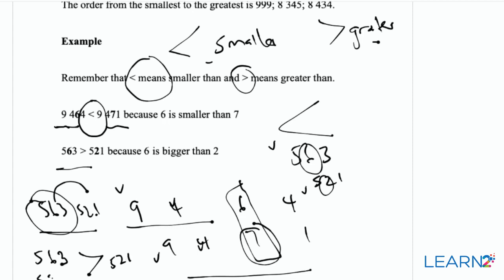If I put the 521 first and I put the 563 afterwards, then we can say 521 is less than, smaller than 563. Similarly, what happens if I wrote the 9471 first, and then I wrote 9464, and I want you to give me a symbol in between? Well, 9471 is actually larger than 9464, so you'd say greater than.